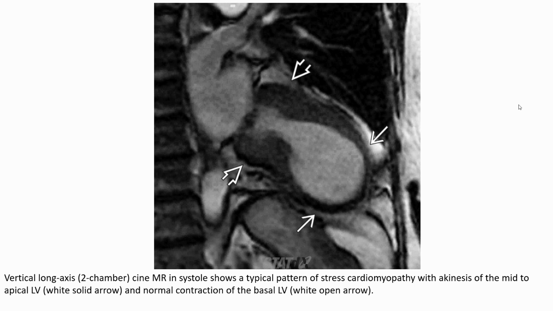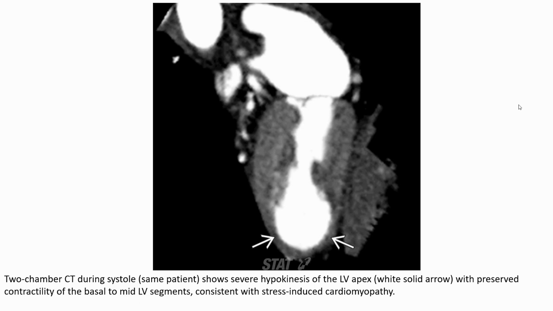The two-chamber CT in systole shows severe hypokinesis of the left ventricular apex, with preserved contractility of the base to mid ventricle, consistent with stress-induced cardiomyopathy.